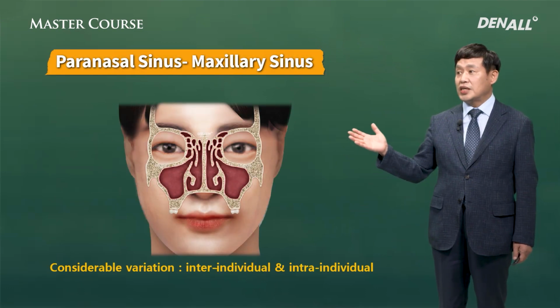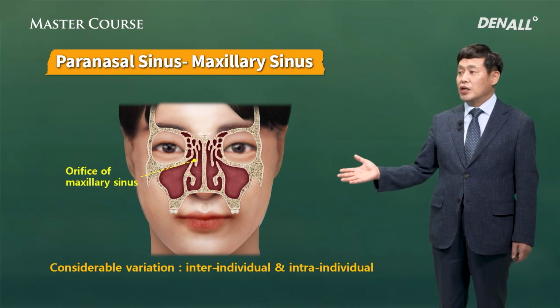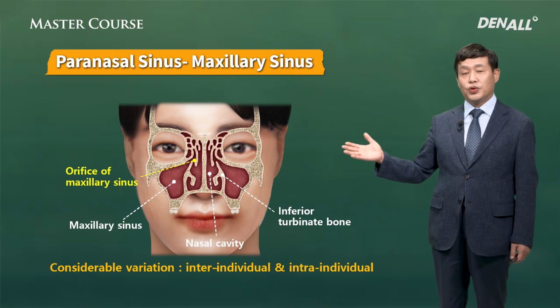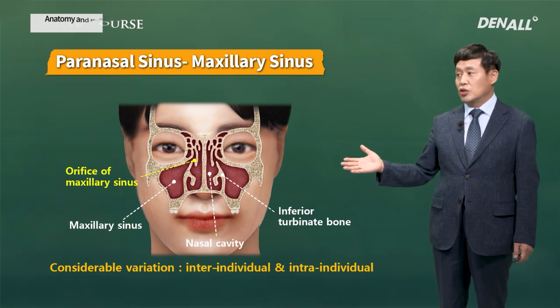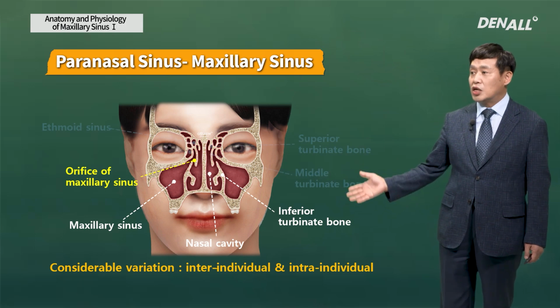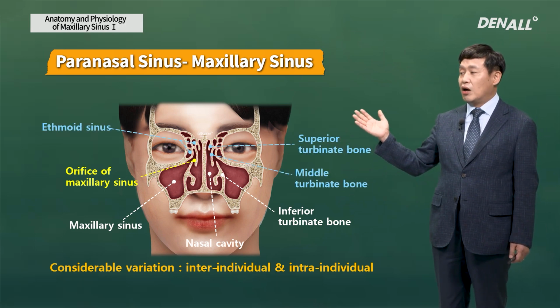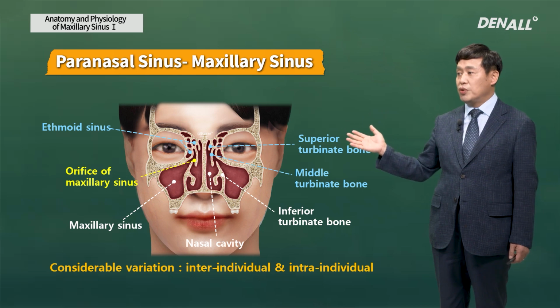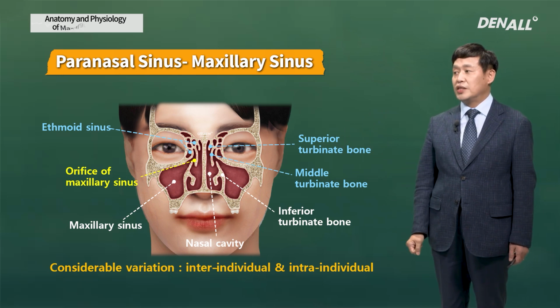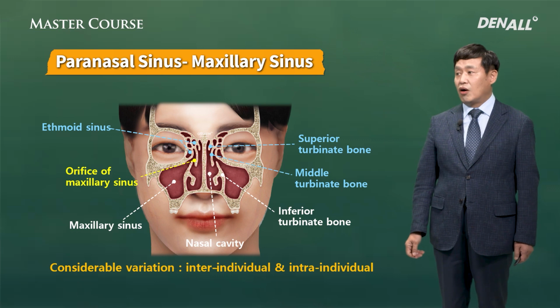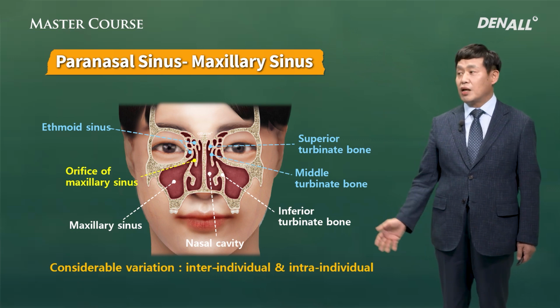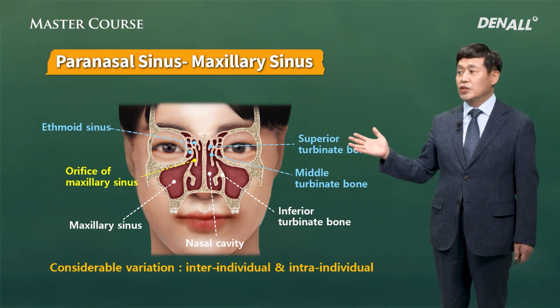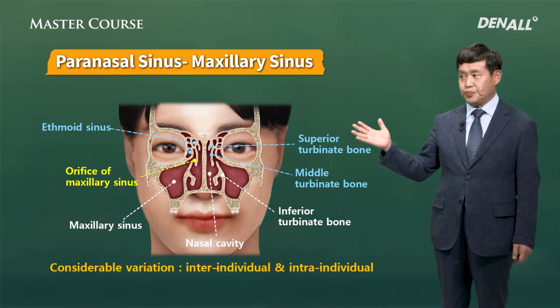Let's have a look at the maxillary sinus. If you look at here, there is an inferior turbinate bone. The bone is indicated in white, and the ethmoid sinus, superior turbinate bone, and middle turbinate bone are indicated in the color blue. As we learned in the anatomy class, inferior turbinate bone in the skull is an independent bone.